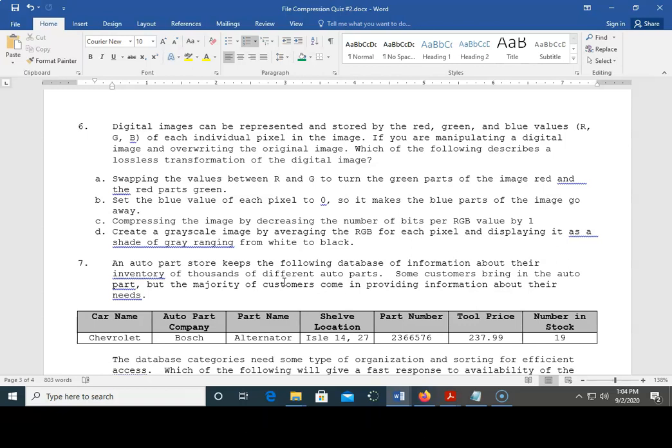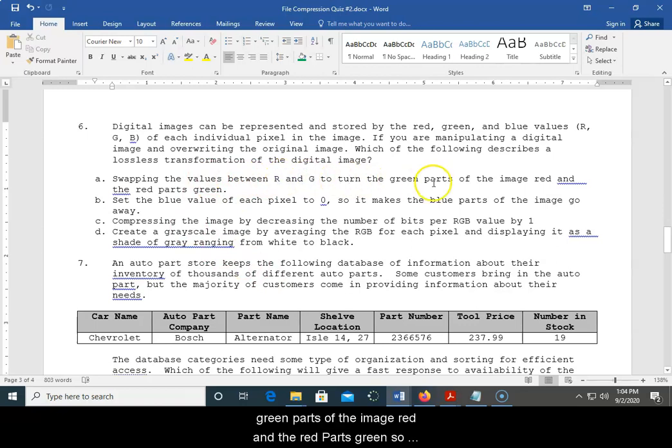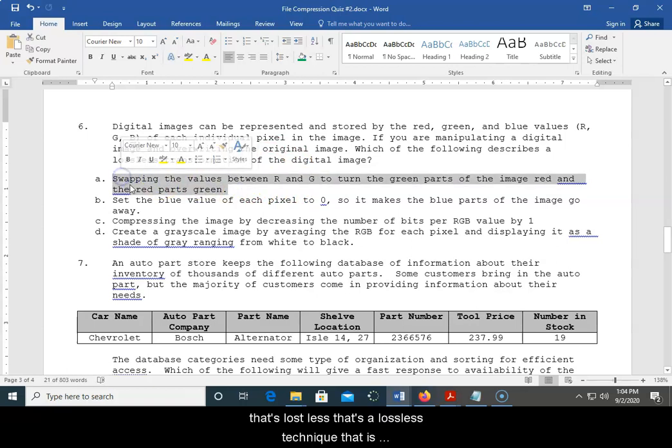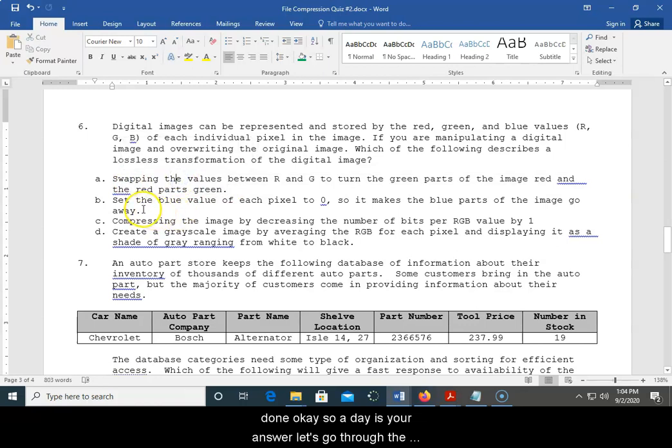So A, swapping the values between R and G to turn the green parts of the image red and the red parts green. When you swap one for another, have you lost any data? No, you could unswap them back if you want. So that's a lossless technique. So A is your answer. Let's go through the other ones.